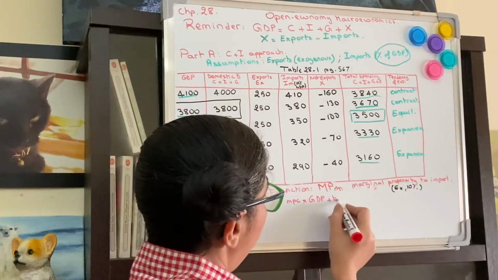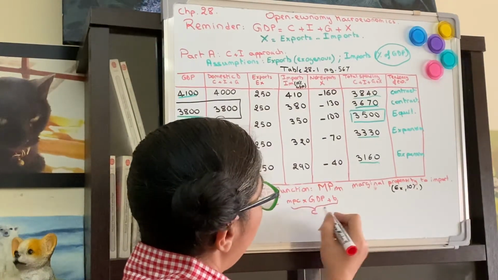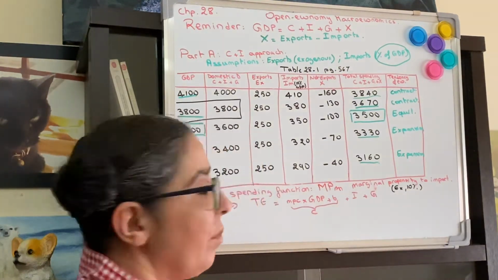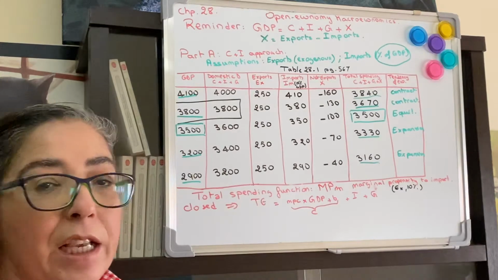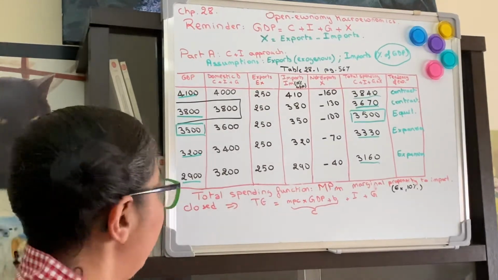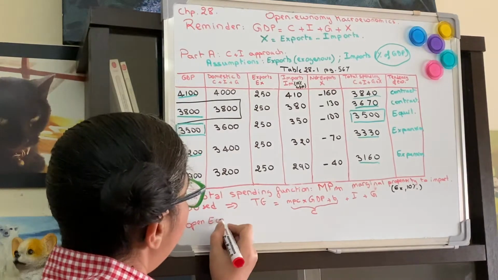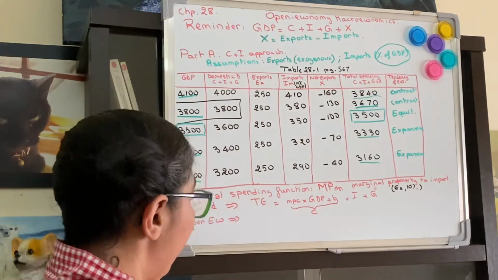Plus a constant B, that was your consumption function, plus I plus G, okay? Closed economy. Now we're opening it, okay? Open economy. What is it gonna be?